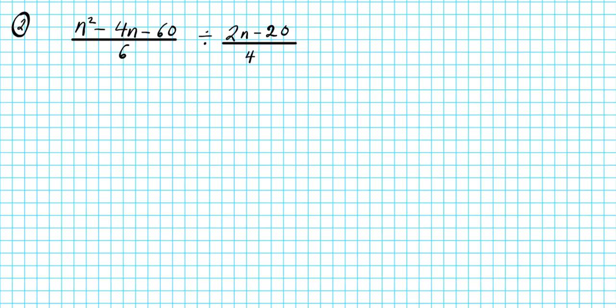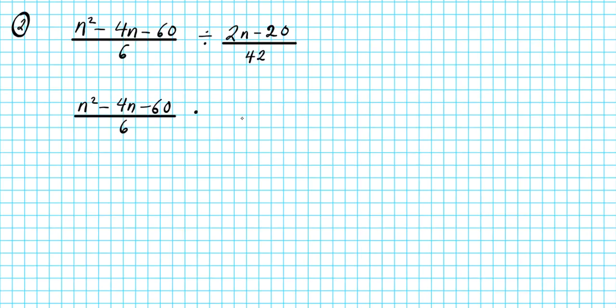Now what we're going to do is drop, change, flip. We're going to drop this fraction right here, n squared minus 4n minus 60 divided by 6, and then we're going to multiply, change division to a multiply, and then we're going to flip this. We're going to reciprocate this term right here.